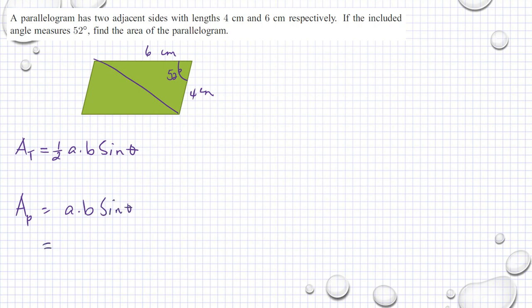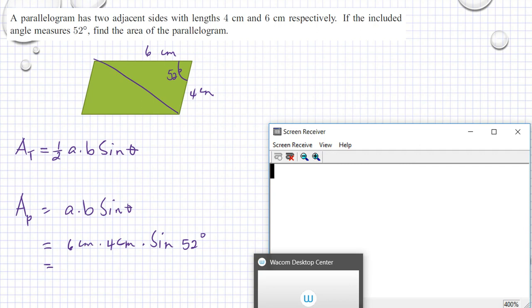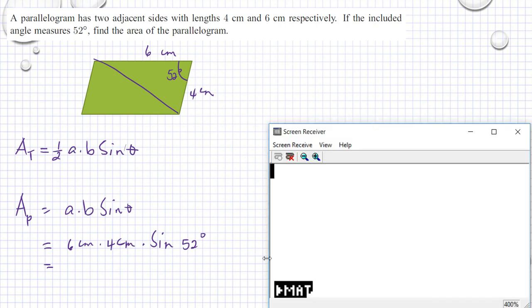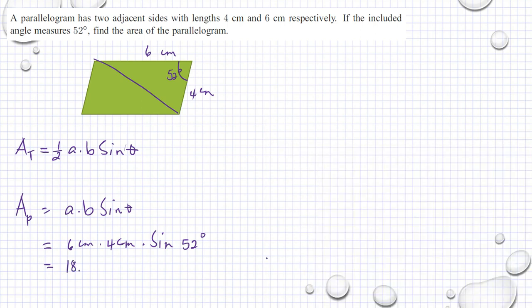Now our A is 6 centimeter, our B is 4 centimeter, and our theta is 52 degrees. Okay. We have 6 times 4 times sine 52, then we have 18.9. So the area is 18.9 square centimeter.